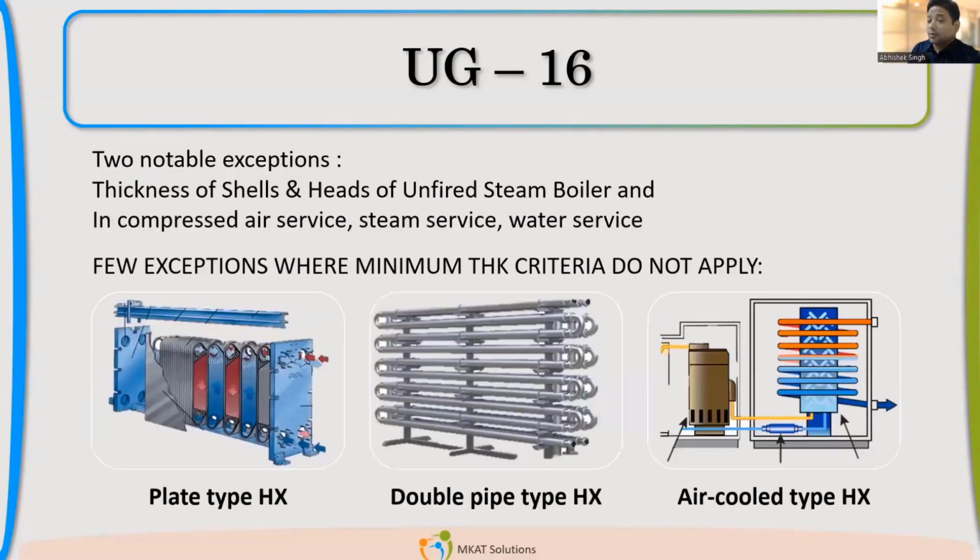First of all, the code says that this minimum thickness requirement does not apply to a plate type heat exchanger. Now, what might be the reason for that? The reason is that plate type heat exchangers are meant to have a lesser thickness. In a plate type heat exchanger, the heat transfer happens through the thickness.